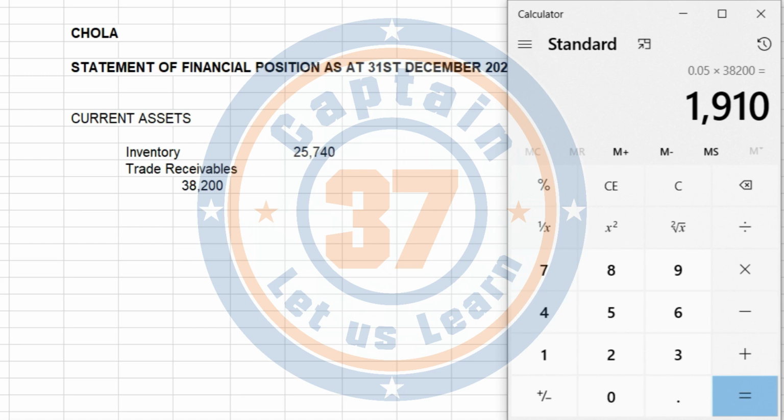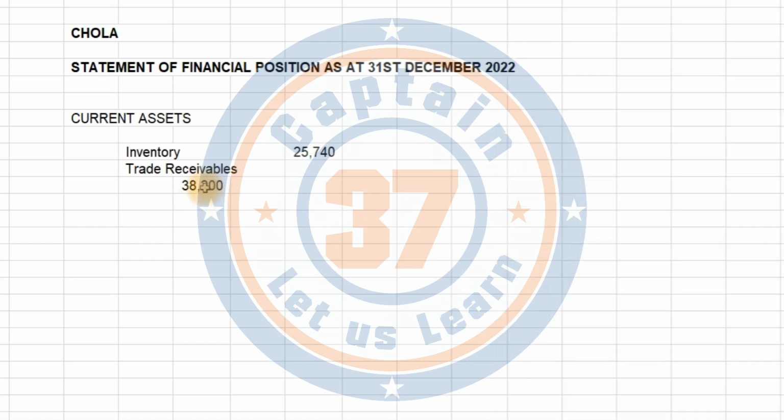What we are supposed to do is to subtract this 1,910 from 38,200. And what we find is what we need to indicate right over here as being trade receivables.